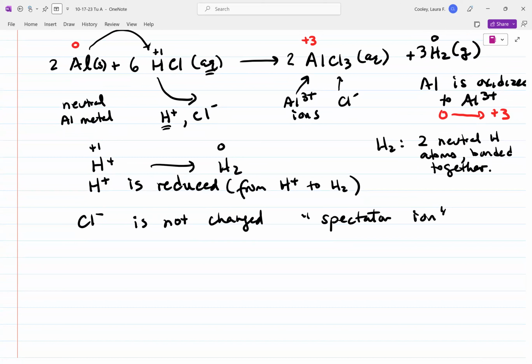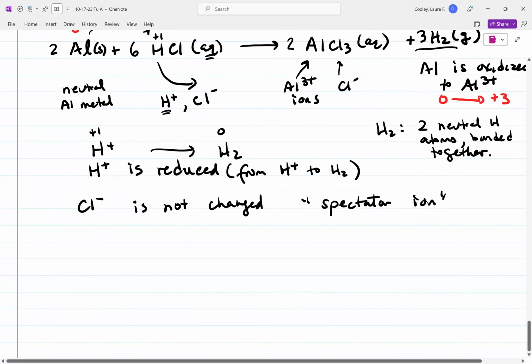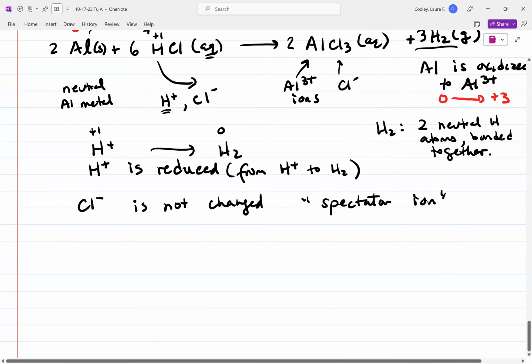I'm sorry, what did you say? It's H2 over here, yeah. Well, to tell you the truth, it's because that's what happens in a metal plus acid reaction. You get the metal plus the acid, and it gives you a salt plus hydrogen gas. It's always that way.